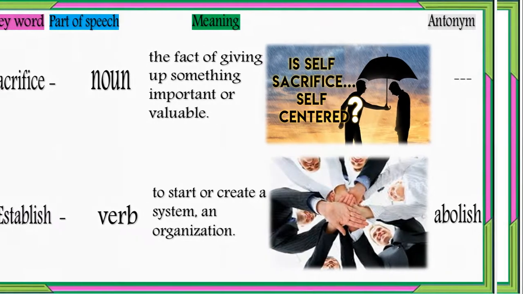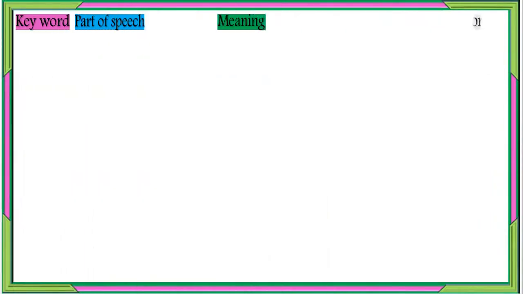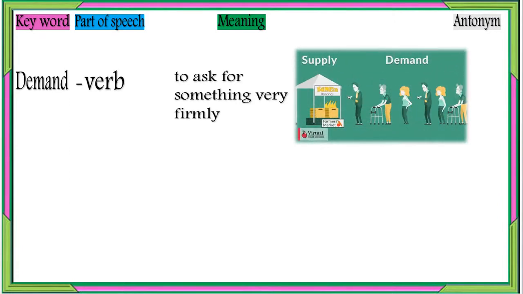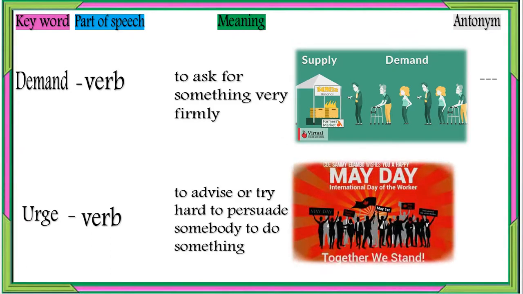Its antonym is abolish. Demand. It is a verb, to ask for something very firmly. Urge. Verb, to advise or try hard to persuade somebody to do something. Its antonym, oppose.